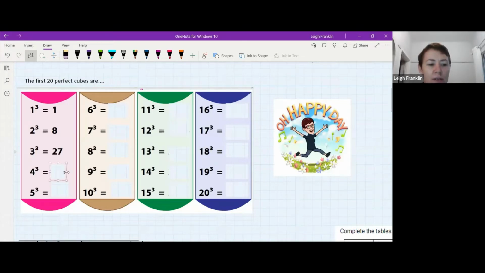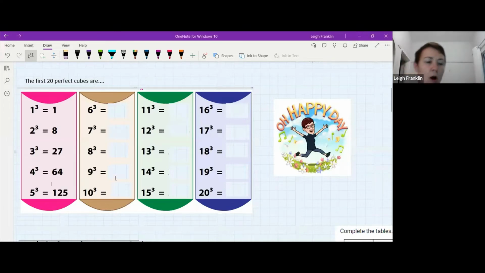Absolutely, which is? 64. And Mbali, do 5 cubed for us, please. 5 times 5 times 5 is 125. Absolutely it is, Mbali. Well done.